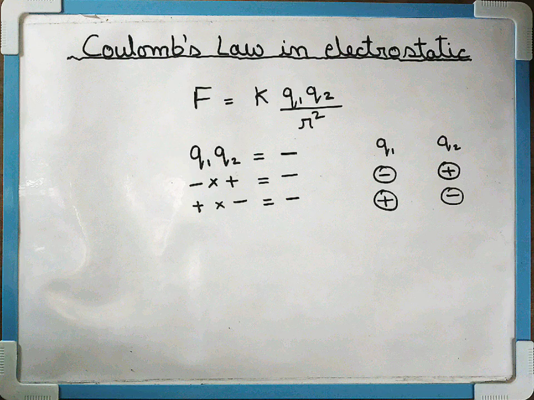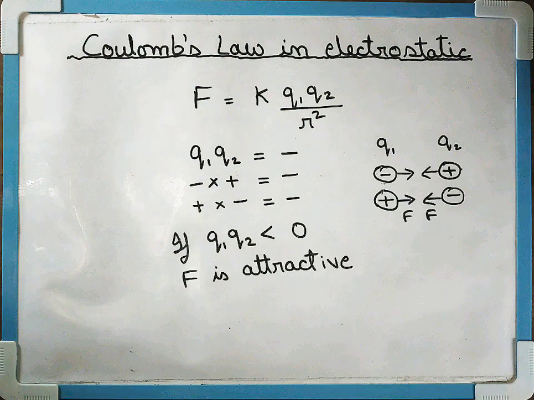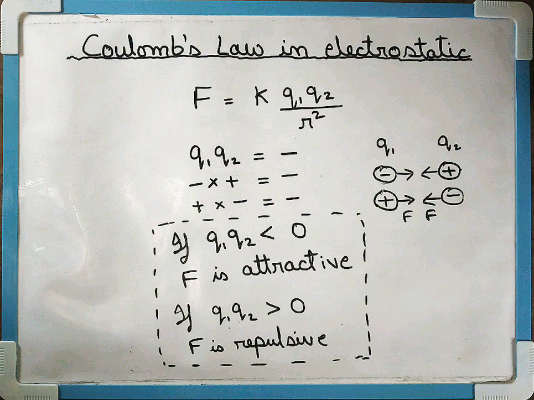So if the product Q1 into Q2 is negative, or in other words, Q1 into Q2 is less than 0, then the force is attractive in nature. Okay, so we have these two cases. If Q1 into Q2 is greater than 0, then the force is repulsive in nature, and if Q1 into Q2 is less than 0, then the force is attractive in nature.